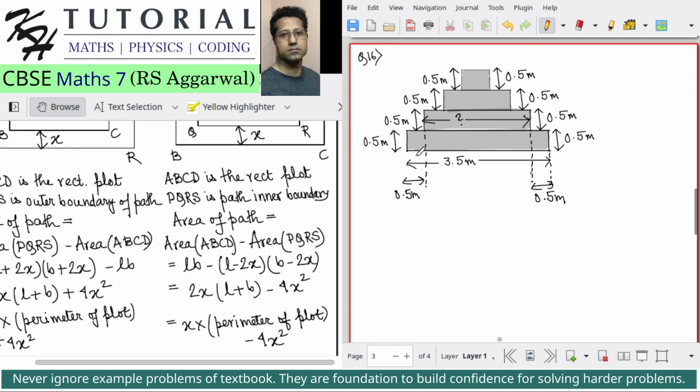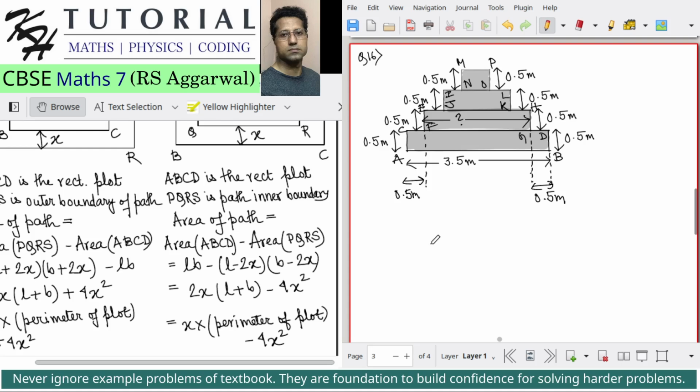Okay, so let's name the rectangles. Let's say the bottommost rectangle be ABCD, and the second largest rectangle be EFGH, and let's say the third largest rectangle be IJKL, and the smallest rectangle be MNOP.